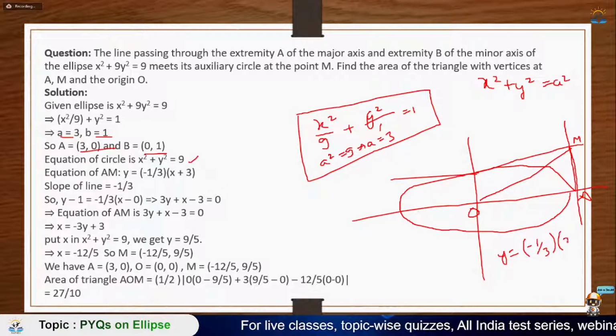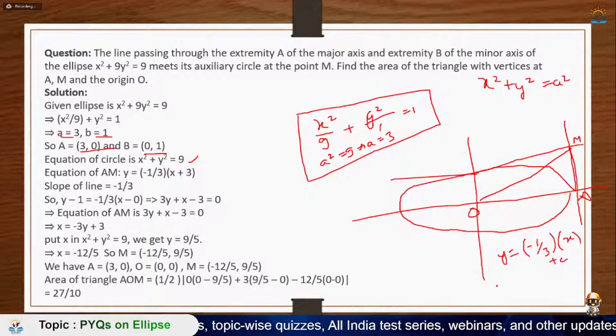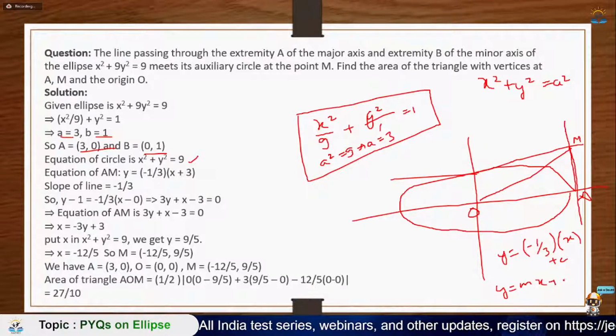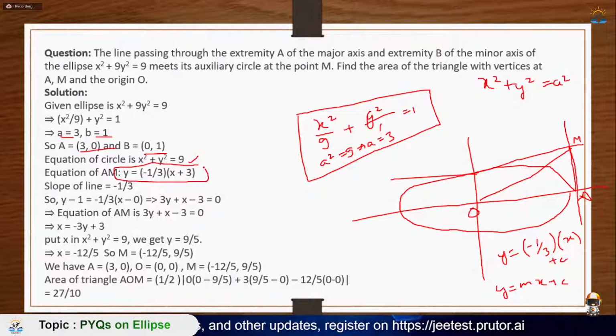Generally we write it like this, y is equal to mx plus c, this is my general equation. So I wrote the equation of AM using this general equation, y equal to minus 1 by 3 x plus 3, because the slope of the line is minus 1 by 3.